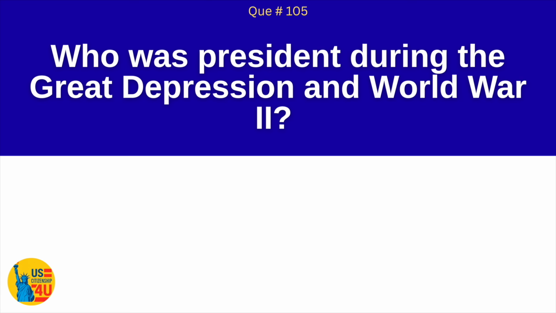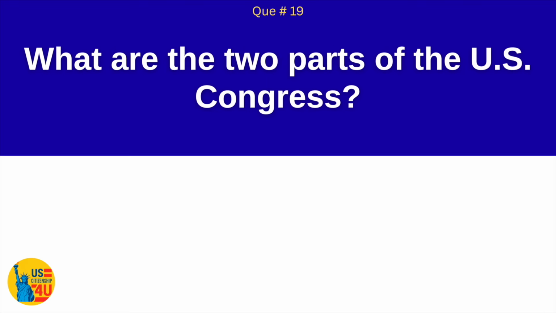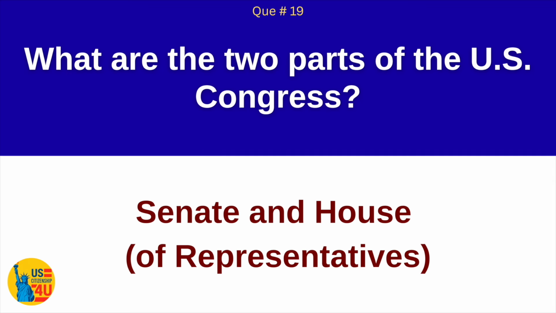Who was president during the Great Depression and World War II? Franklin Roosevelt. What are the two parts of the U.S. Congress? Senate and House of Representatives.